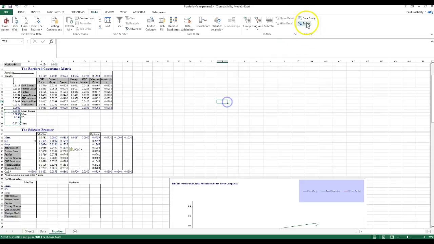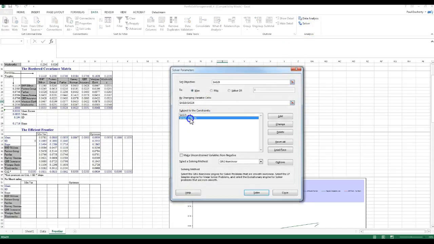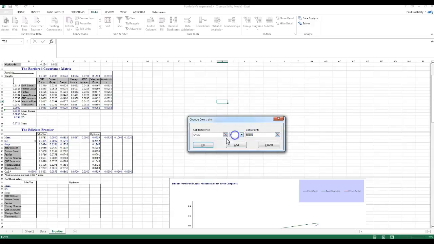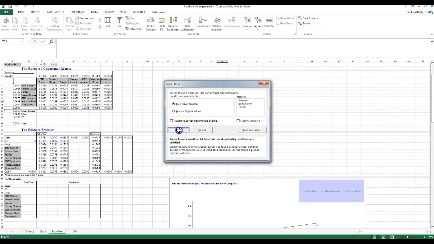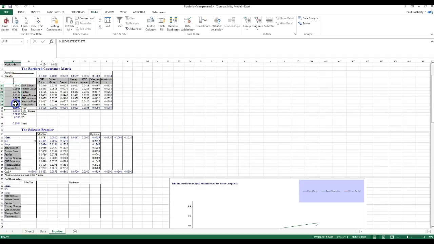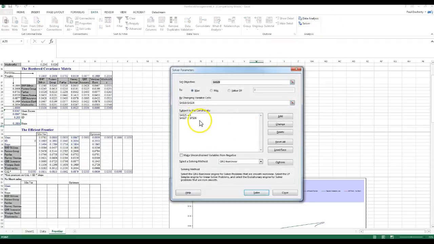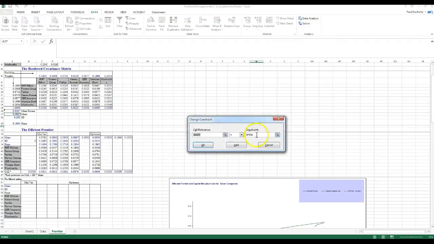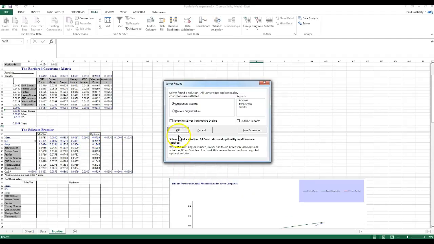Okay, keep moving along. All I'm continually doing now is just changing my constraint and solving. In the interest of time, I'll move through this part fairly quickly, but just keep pasting those values in. Okay, now I want the value with an expected return of 9%.